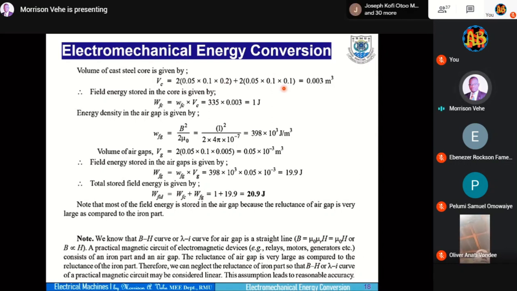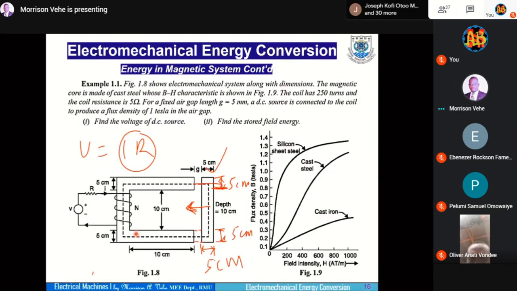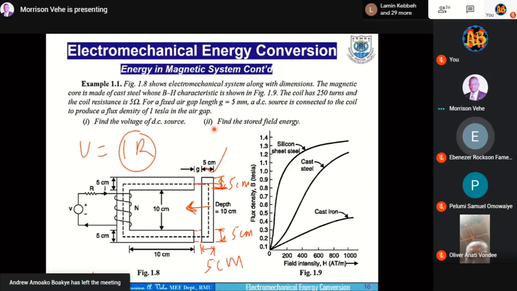we're given the air gap in millimeters. So you divide this by 1,000, isn't it? To convert it into meters, okay? And if it is centimeters, you divide it by what? 100.